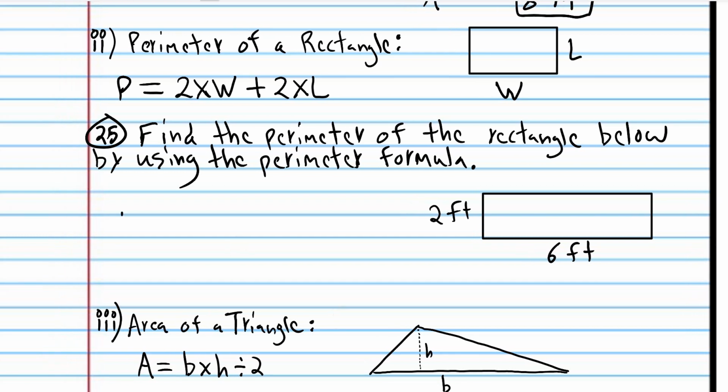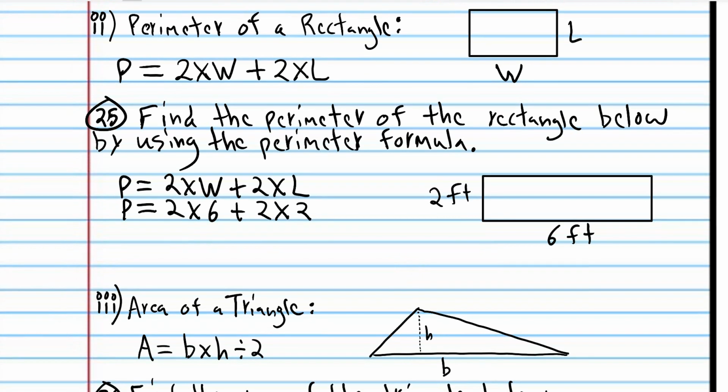All right, we're back. We're going to rewrite the formula. I'm just rewriting the exact formula. If you didn't do that, you didn't do it correctly. And now we're going to plug in the numbers. W is the width. That's going to be 6. And L is the length. That's going to be 2. So now we plugged in the numbers. We showed the tool that we're using.